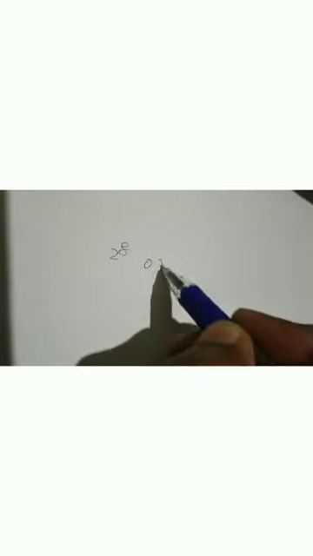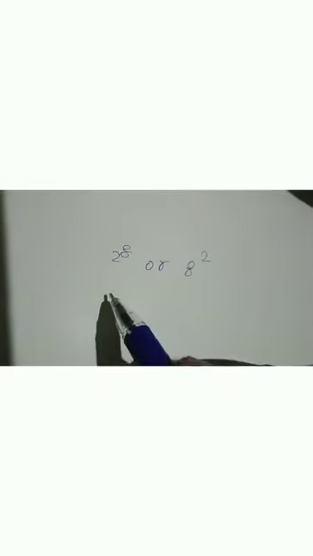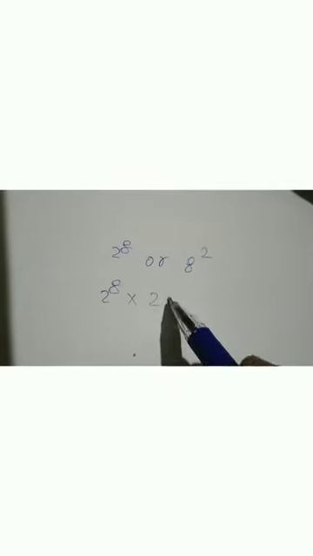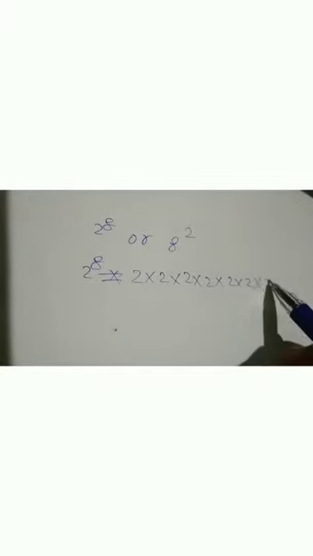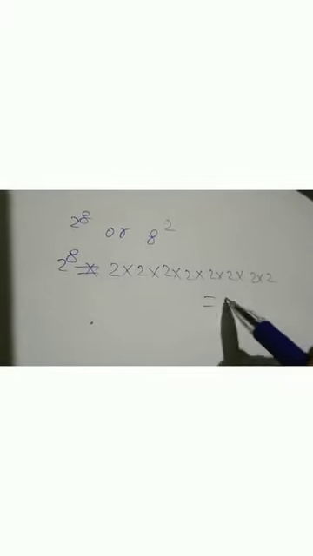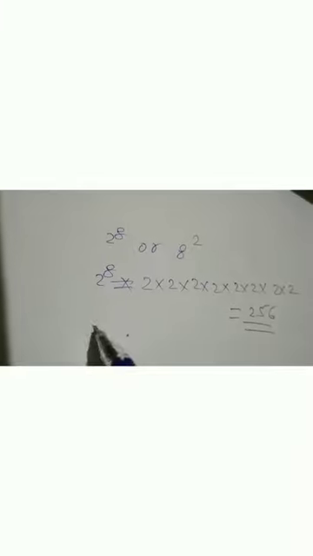Next question is 2 raised to 8 or 8 raised to 2. That is 2 raised to 8. How many times? That is equal to 2 times 2, then 2, now 2. Now 1, 2, 3, 4, 5, 6, 7 and 8. The answer is 256. 8 squared.